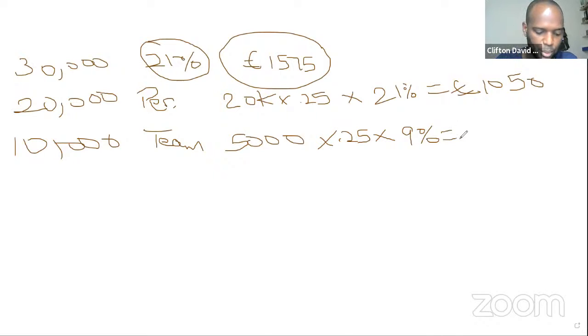So 5,000 points multiplied by 0.25 equals 1250, and you multiply that by 9% because that's the level that that particular leg would have achieved.